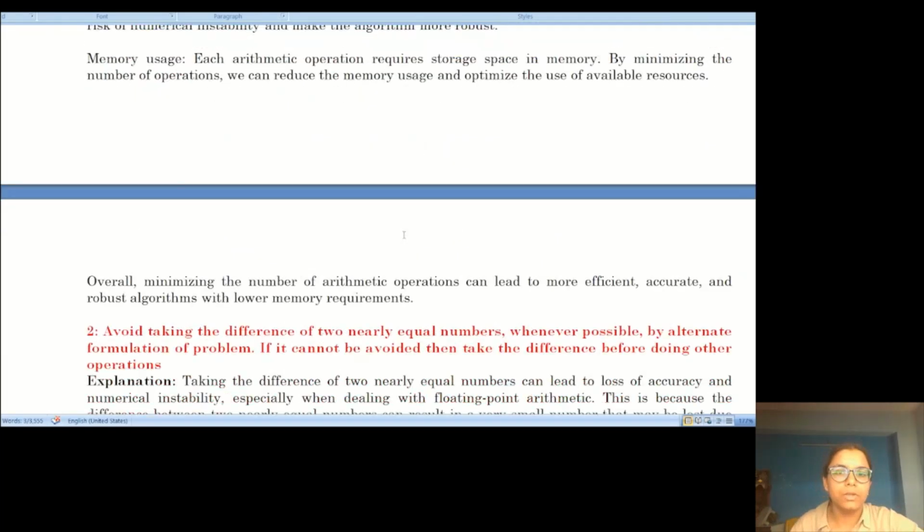Considering memory usage, if we have a minimal amount of arithmetic operations, the memory use would also be less. So we should always try to minimize the number of arithmetic operations, which would lead to efficiency, more accuracy, and less memory usage, and so the statement is true.